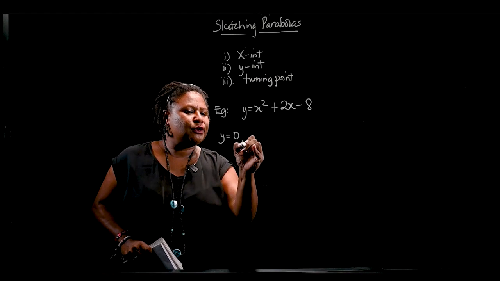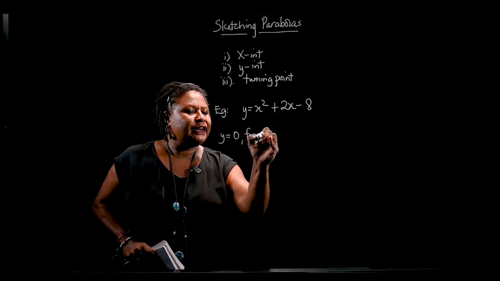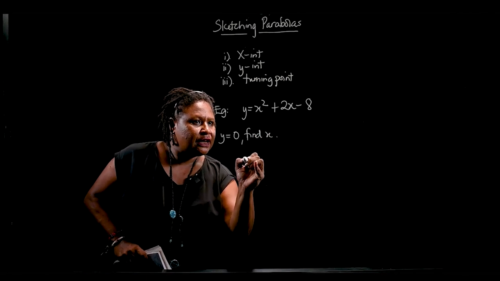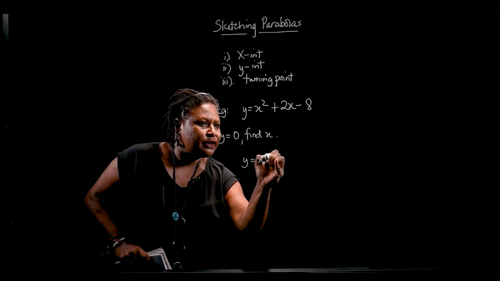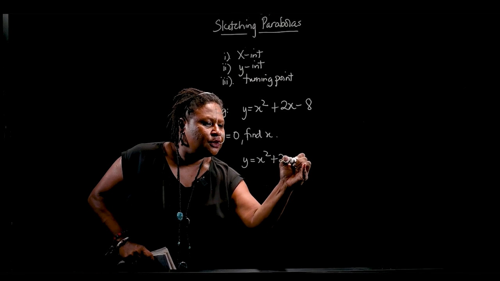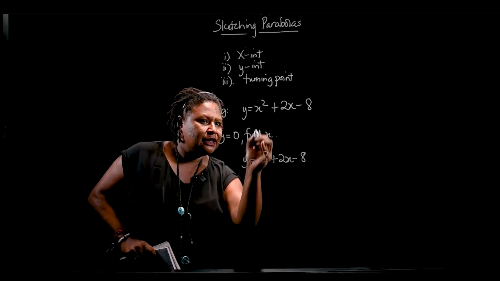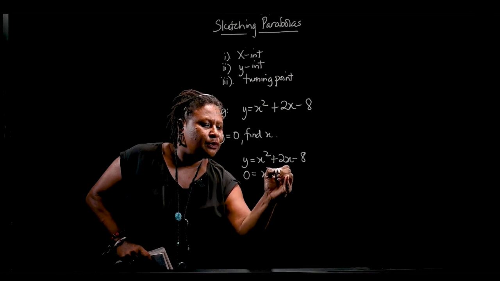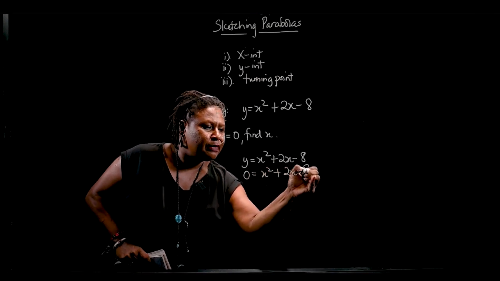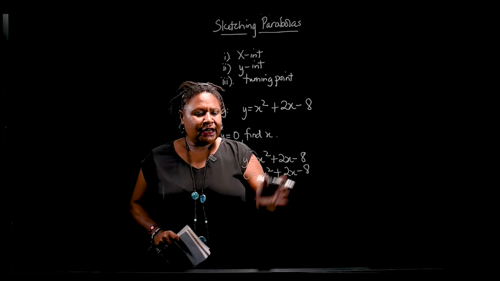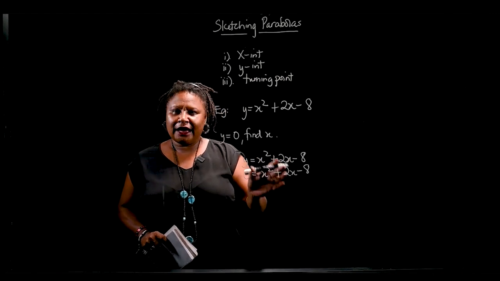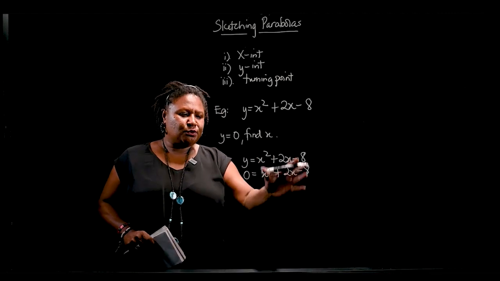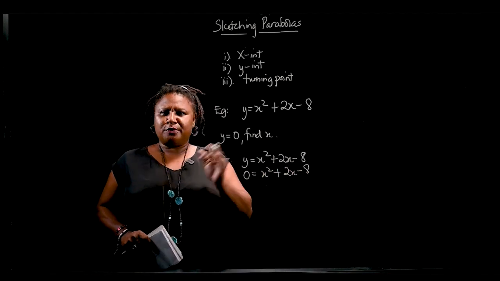Equation again: y equals x squared plus 2x minus 8. Substitute 0 into the equation. We have 0 equals x squared plus 2x minus 8. In order to find the x-intercepts, we need to apply the null factor law, so we have to factorize this equation.